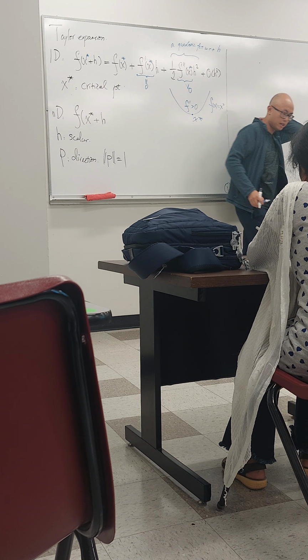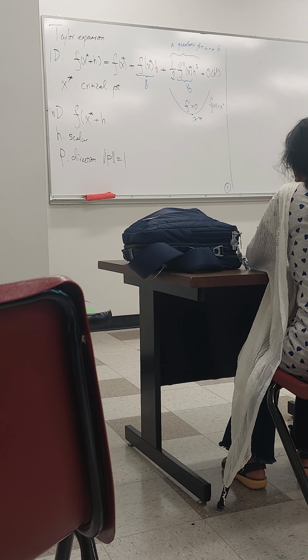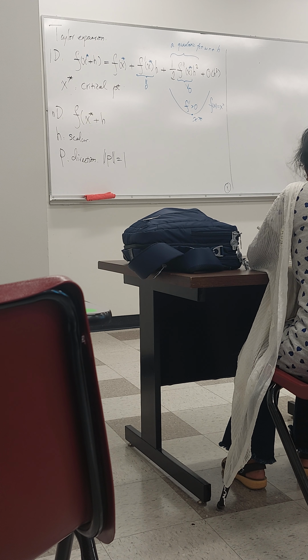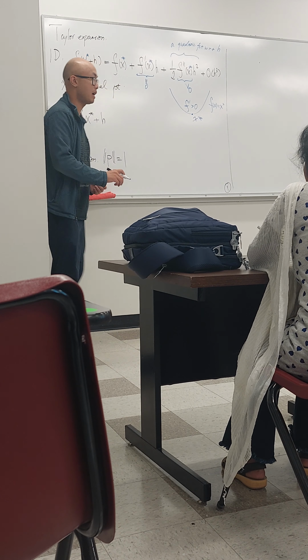Like we said last time, if we talk about some vector representing a direction, normally we mean, because the vector has two components, two attributes, the first one is direction, the second one is magnitude.